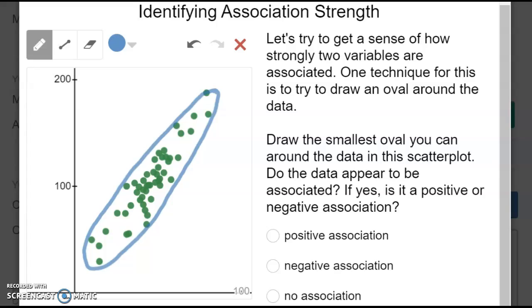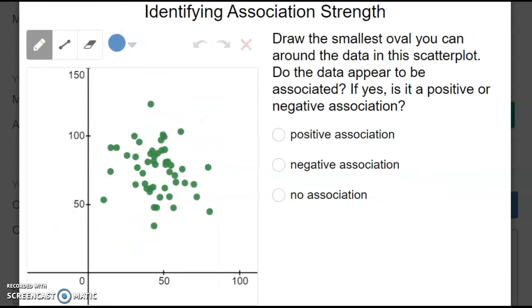You can also think of it as having a positive slope. If I was to draw a line through it, it would have a positive slope. So this is a positive association. So I would click on that. Okay, let's go on to the next card.